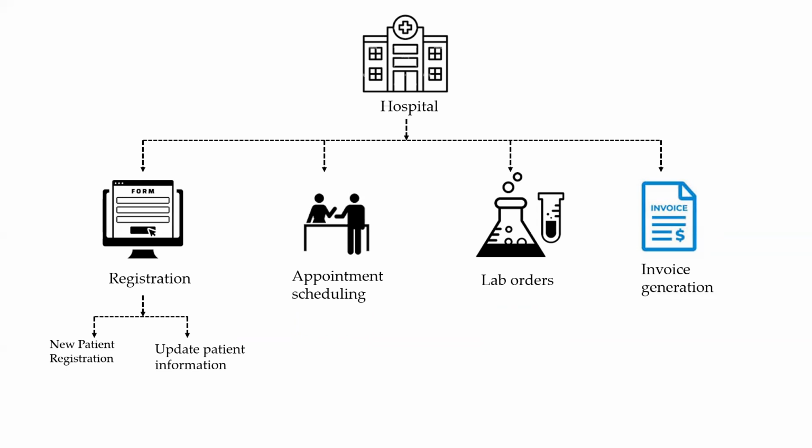ADT represents admit, discharge, and transfer, and within that, there will be many events that will be happening in the real-time world. So I have represented only a couple of events or three events for each one of them so that we can see what all events we have, but it is not limited to these events.